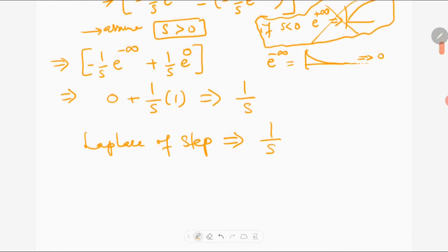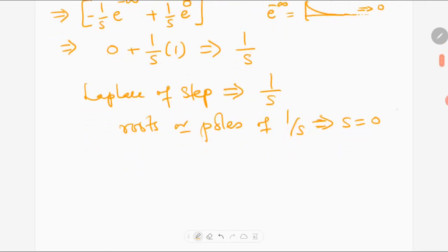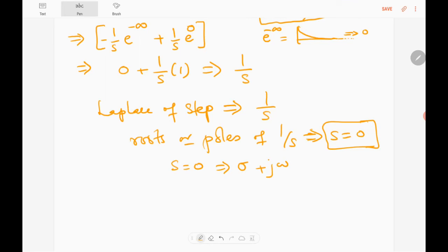What I can do here is find the roots or poles of 1 over s. What's the s? S is equal to 0. So this means that sigma and j omega both are 0. So what we basically find out here is that we don't have any decay or any expansion.